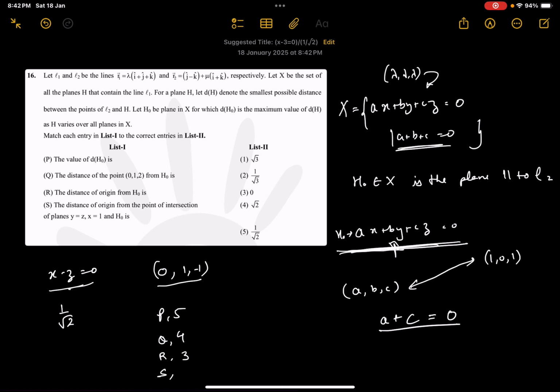And for the distance of origin from the point of intersection of planes x equals 1, that gives us z equals 1, that gives us y equals 1. So the point of intersection of these planes with H0 is 1 comma 1 comma 1, and the distance of origin from this point is root 3. So that's 1. So this is the answer.